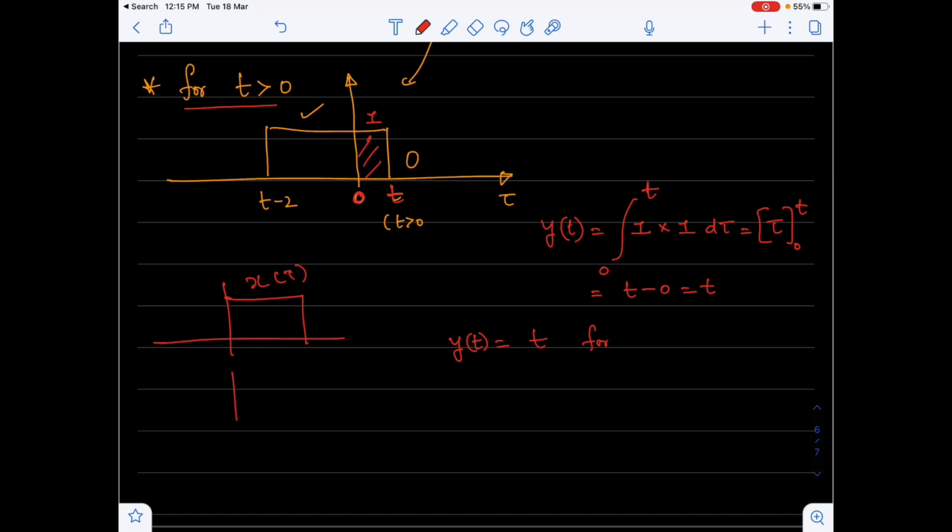But as you see, this is our x of tau, and right now our h of minus tau plus t with t greater than 0 is somewhere here. Suppose if I move it further, what will happen? It will cross this point.